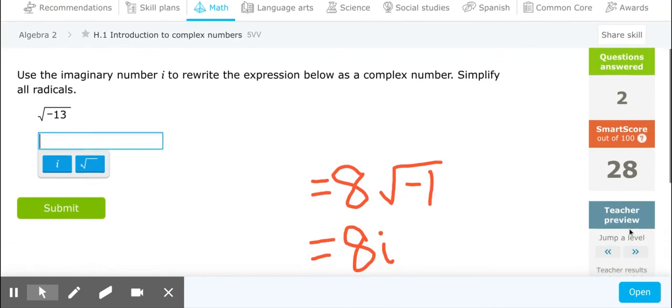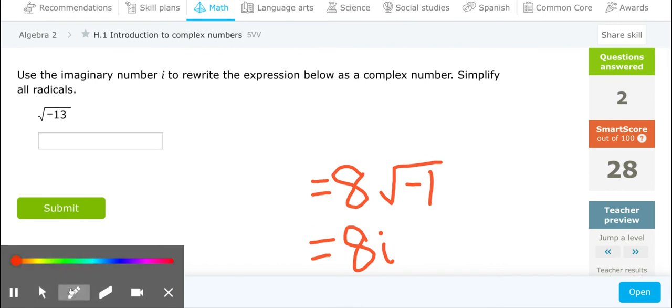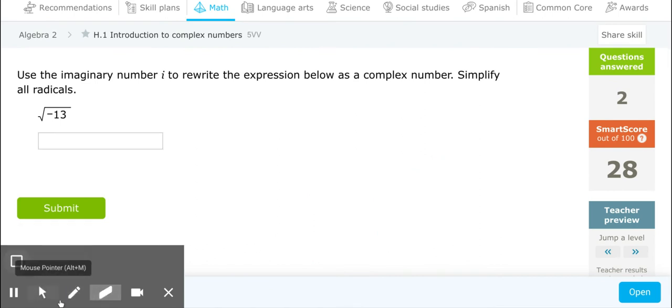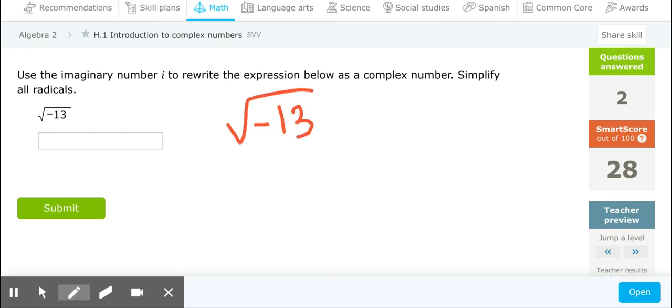All right, this one's a little bit trickier. Okay, so here we have the square root of -13, right? Now let's think about this for a second. 13 is a prime number. It doesn't have any factors. So the only thing that we can multiply is -1 times 13. There's nothing else we can multiply. Now we know that the square root of -1 is the equivalent of i.